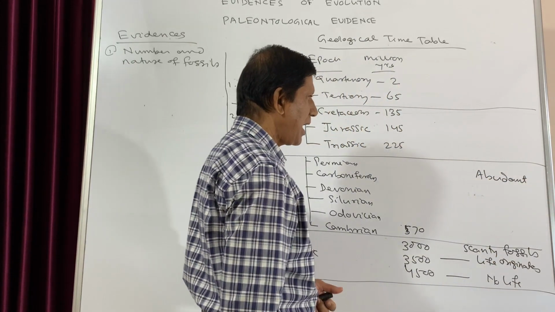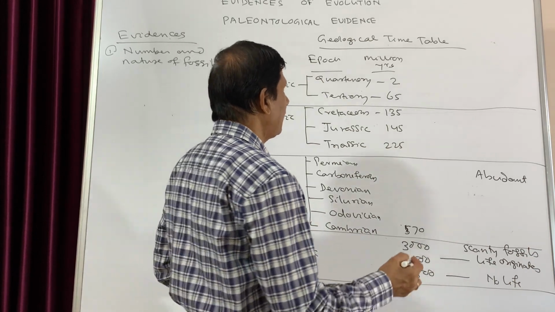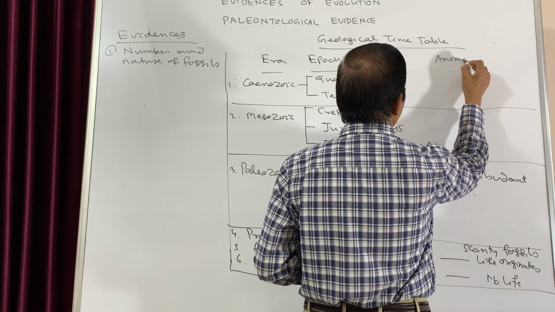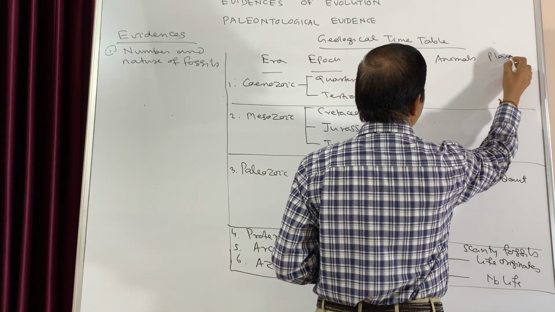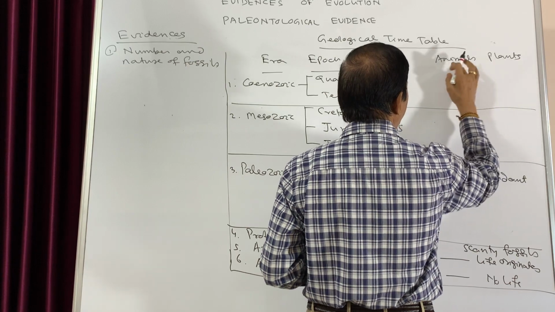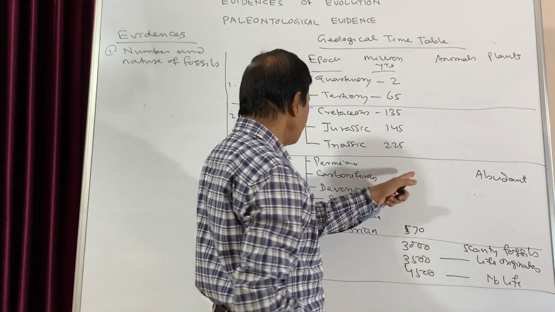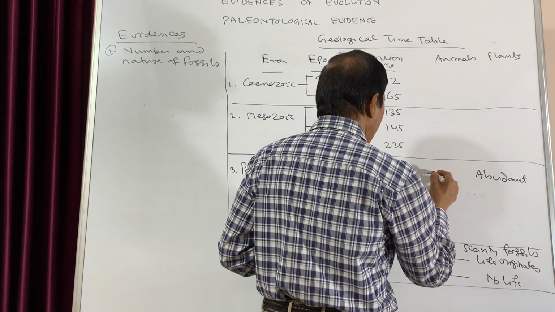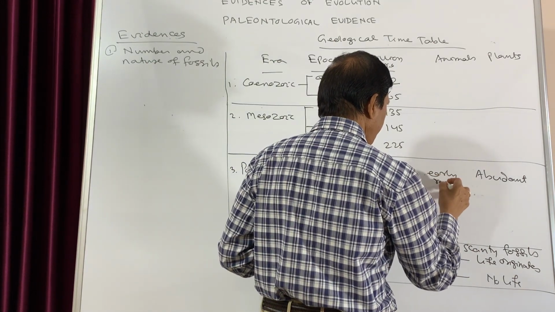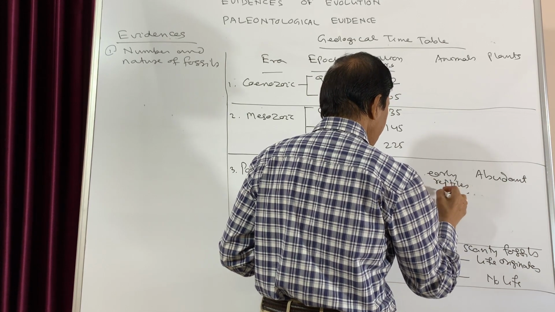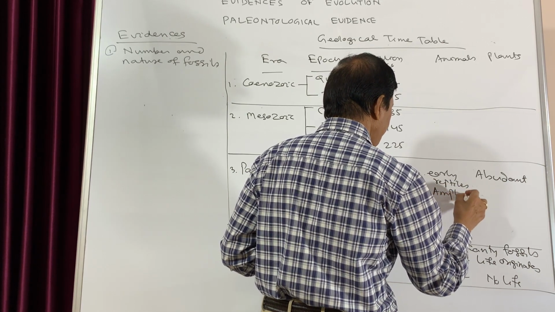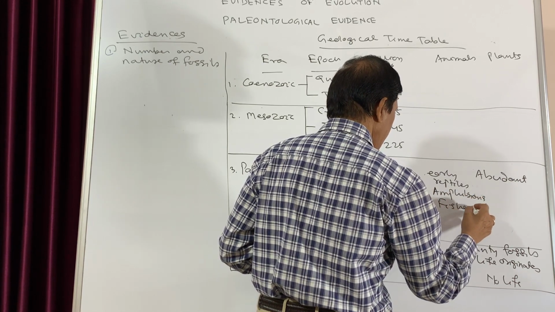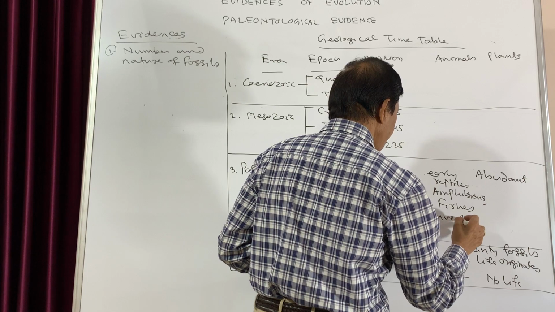And these fossils are mostly that of animals, and here we will write plants. That means the flora and fauna. Then during this Paleozoic period, we will get the early reptiles, amphibians, fishes, and invertebrates.